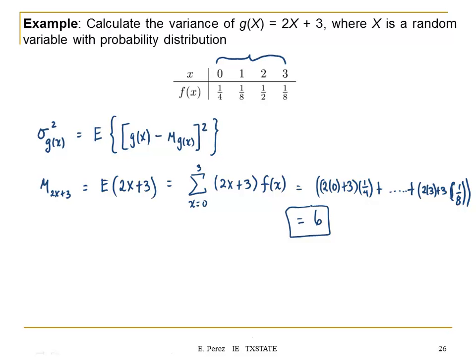Okay, so let's try to finish this problem. So we know how to get the mean. And again, our random variable is not x, it's defined by g of x, 2x plus 3. So we got the value for the mean. Now let's find the variance.